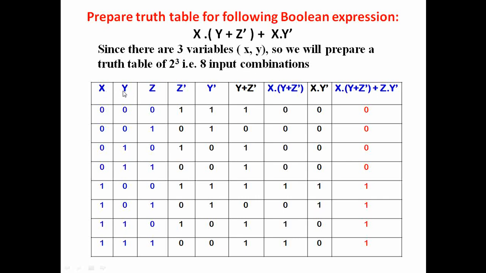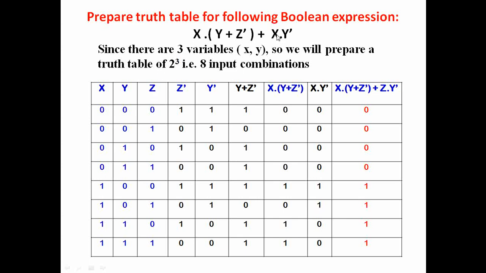Since we have x, y and z three variables, how will we make this table, the combinations? 8 by 2 is 4, so we'll write first four 0s and then four 1s, then two 0s, two 1s, two 0s, two 1s, and then 0 1 0 1 0 1 0 1. Like this we can prepare these input combinations.